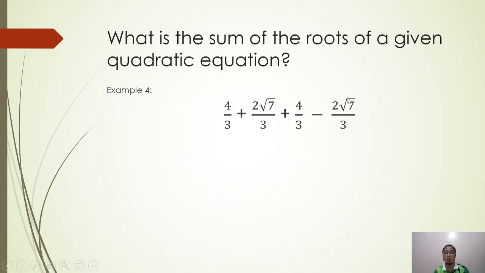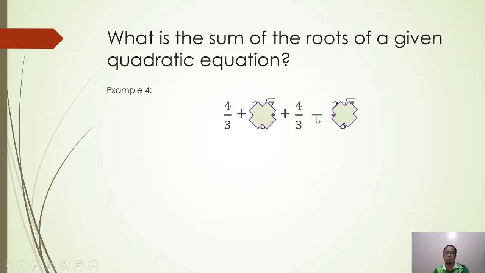Parang ganito lang yan. May nakita kang 6, may nakita kang 6, isang plus, isang minus, pag pinagsama mo, mawawala. They will cancel each other. So dahil isang positive, isang negative, hindi na siya kasama sa pagpipilian natin or sa pag-iisipan natin.